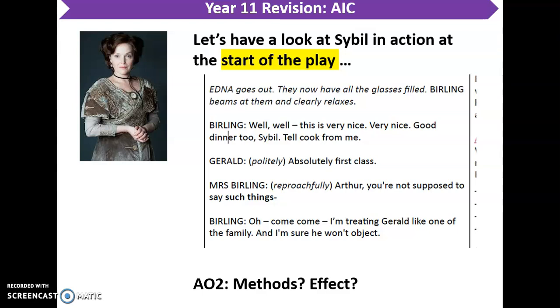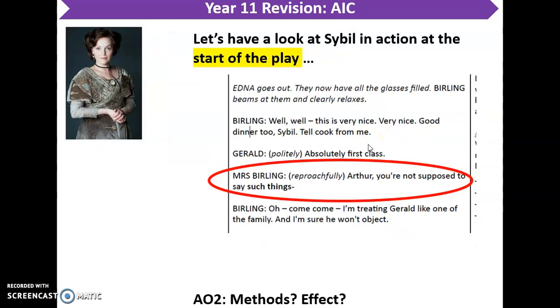So we've got this moment here where Mr Birling makes the social faux pas and he thanks the cook. "Tell cook from me, very nice, good dinner too, Sybil." And Sybil reprimands him. She says reproachfully, and if you reproach someone, you tell them off, "Arthur, you're not supposed to say such things."